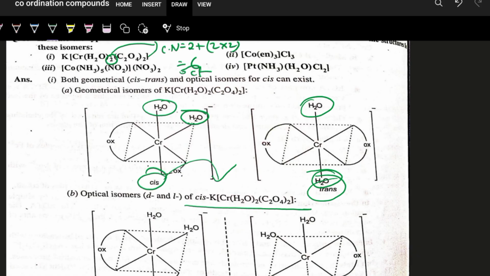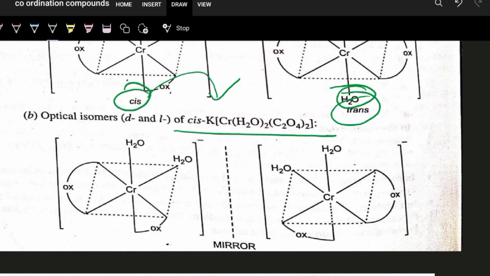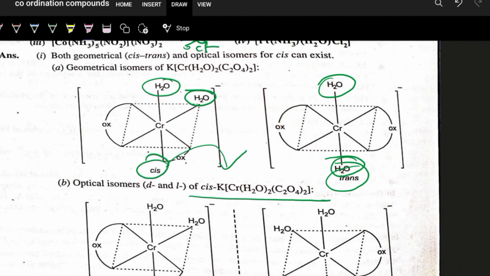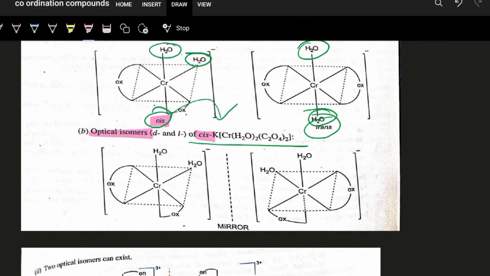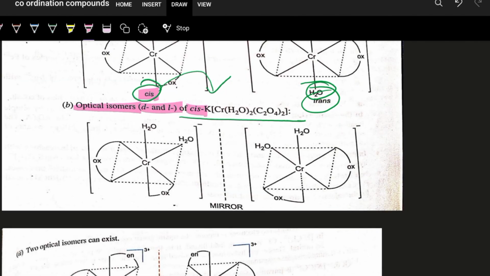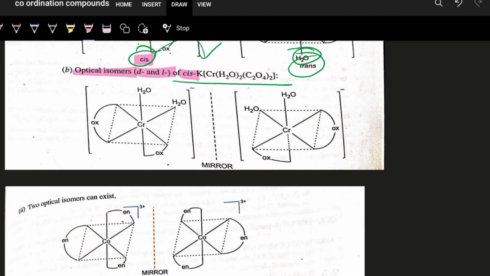The trans form will not give a non-superimposable mirror image. So keep this in mind that when you are drawing the geometrical isomers, this is the cis form and this cis form is giving optical isomers. So draw the dextro and the levo forms. If one is dextro, the other is levo; you don't know which is which. So the two optical isomers that can exist are these.